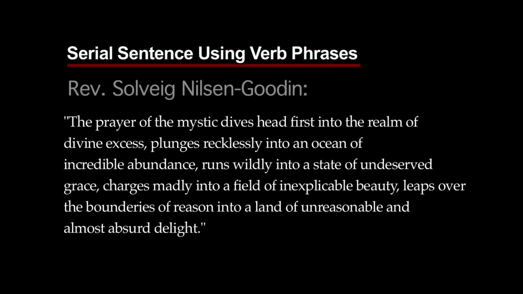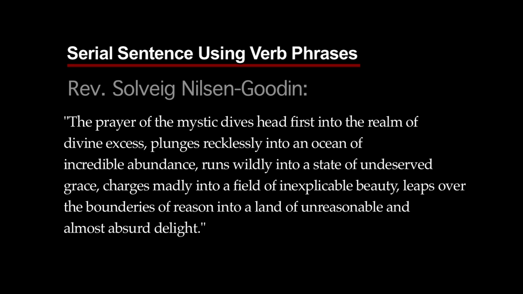An example of a serial sentence with a 5-part series of verb phrases comes to us from Reverend Solveig Nielsen Gooden. The prayer of the mystic dives headfirst into the realm of divine excess, plunges recklessly into an ocean of incredible abundance, runs wildly into a state of undeserved grace, charges madly into a field of inexplicable beauty, leaps over the boundaries of reason into a land of unreasonable and almost absurd delight.